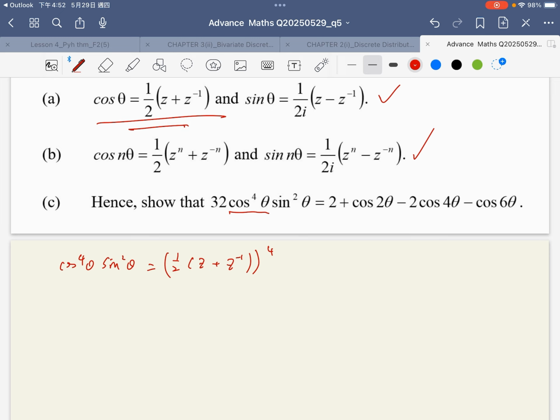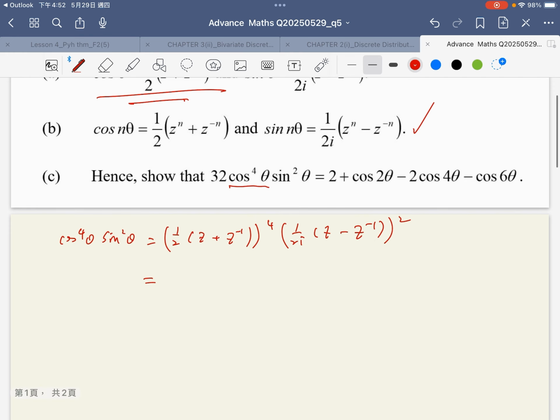And sine squared is equal to 1 over 2i times z minus z to the power minus 1, squared. So 1 over 2 to the power 4 times 4 gives 1 over 64, and i squared is negative 1.